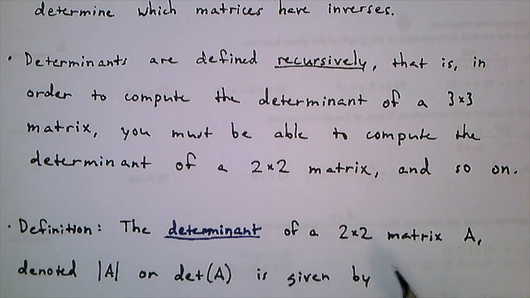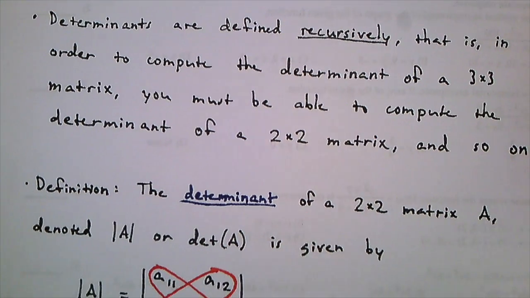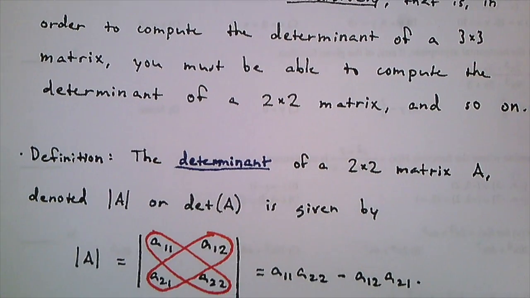The determinant of a 2 by 2 matrix, and let's call our matrix A, is going to be denoted this way. We're putting vertical bars to the left and right of our matrix A. And we might also write out the determinant like a function using the name det. For a 2 by 2, this is what we're going to do.